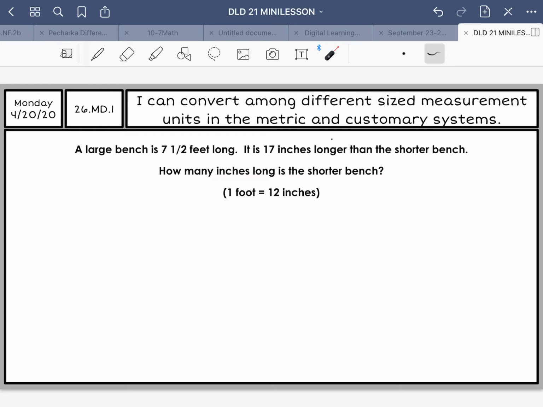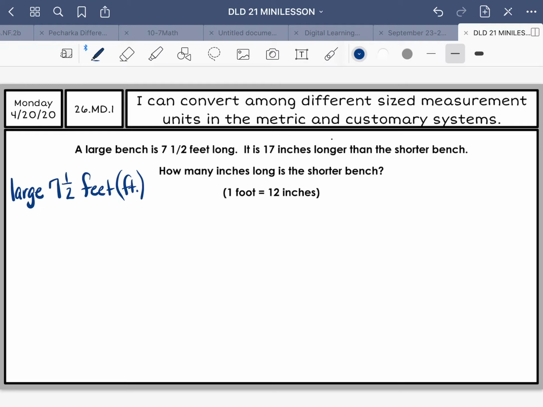I do know that I have a bench, and it's a large bench. And this bench is 7.5 feet. And feet can be abbreviated as FT. I wrote that down here so that it can help me keep track of my thinking. And I know that this is the large bench.